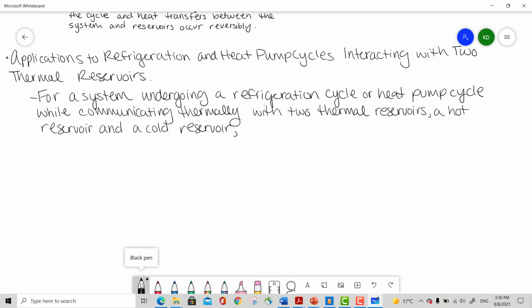For a system undergoing a refrigeration cycle or heat pump cycle while communicating thermally with two thermal reservoirs, a hot reservoir and a cold reservoir. So let's draw that schematic really quick here. Just the same one that we've been using, just so that we can keep it consistent.